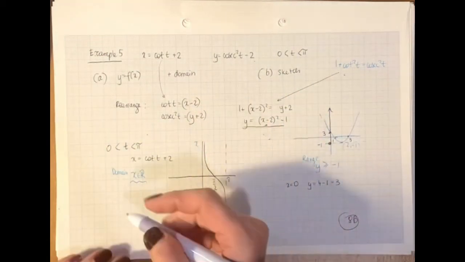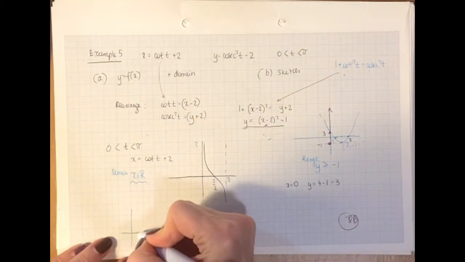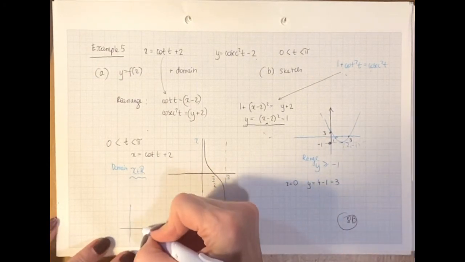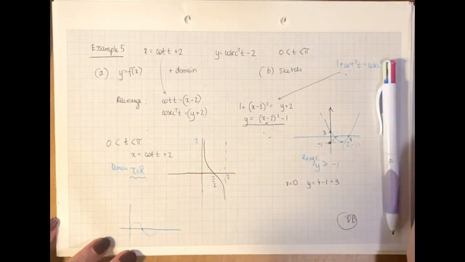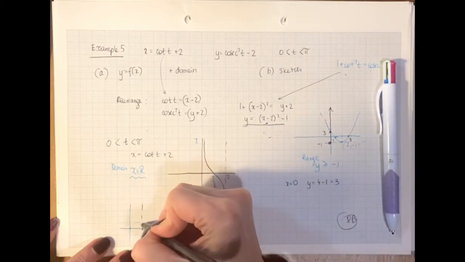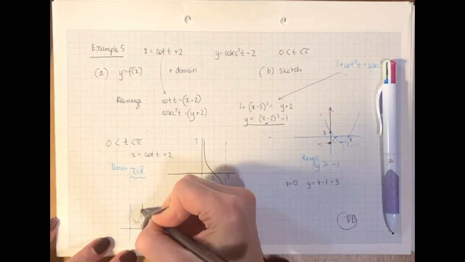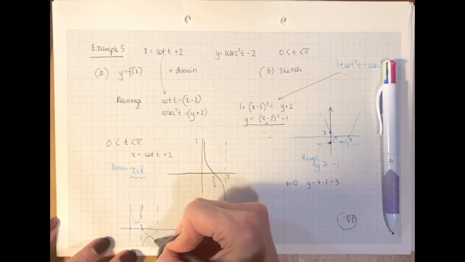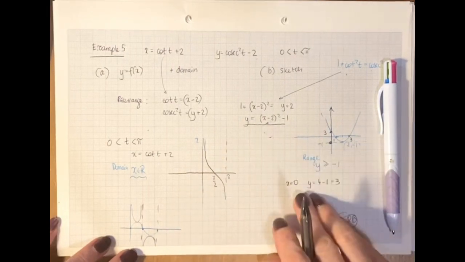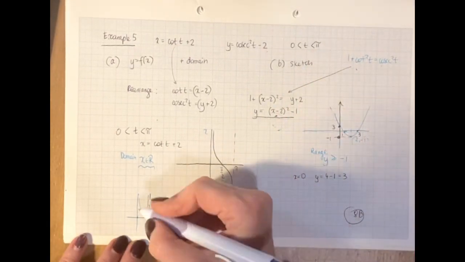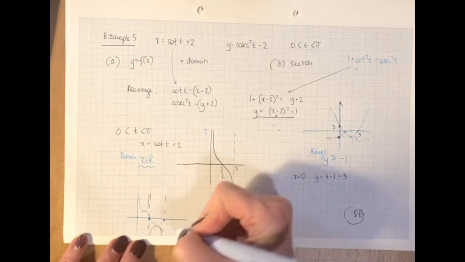Normally, if you think about what cosec looks like, it's based on the sine graph. Cosec has asymptotes whenever sine hits 0, so over here and over here. Let's just draw two branches from 0 to 2 pi, although we're only interested up to pi.